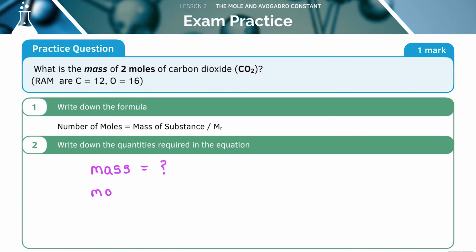We know that the number of moles is going to be 2, since this is given here. And we know that the Mr we can calculate, which is going to be 12 plus 16 times 2, which would give us an answer of 44.